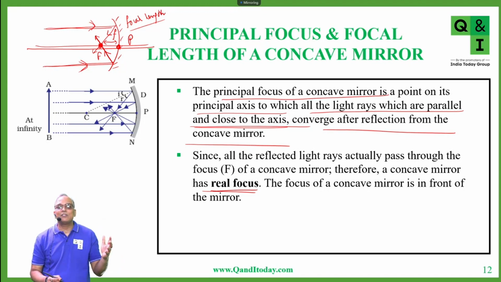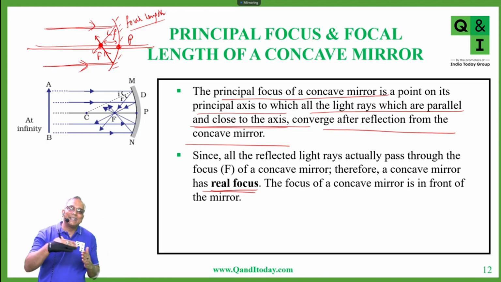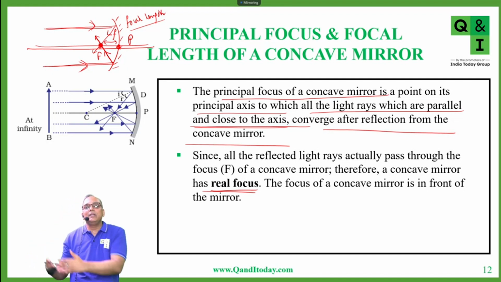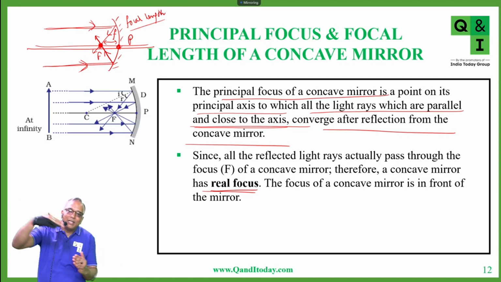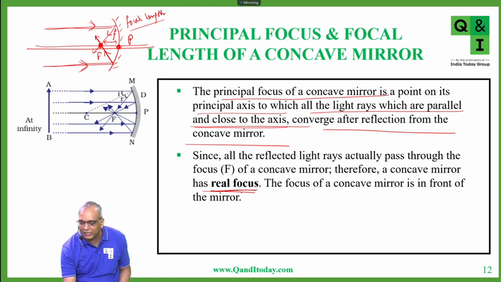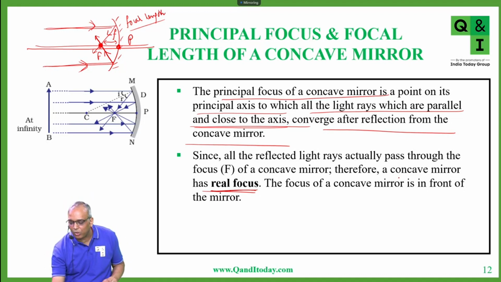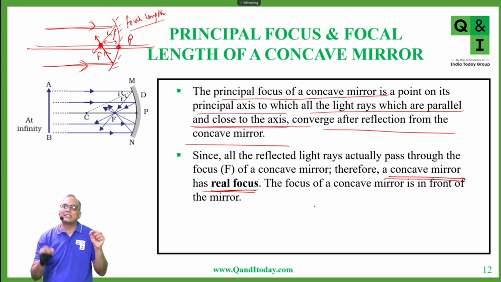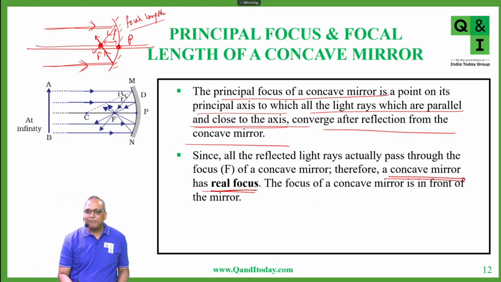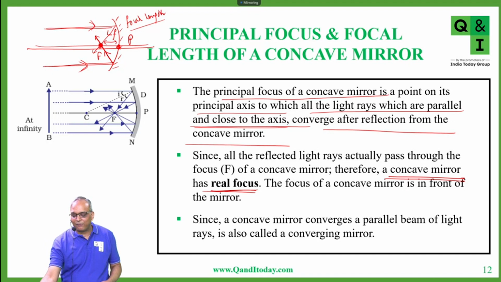Real image was where the actual light rays met, and virtual was where it appeared to be meeting at that point. Because in this focus the actual light rays are meeting, this focus is called real focus. So in case of concave mirror, the focus is real because actual light rays are meeting at that point. The focus of a concave mirror is in front of the mirror, which we have already seen.